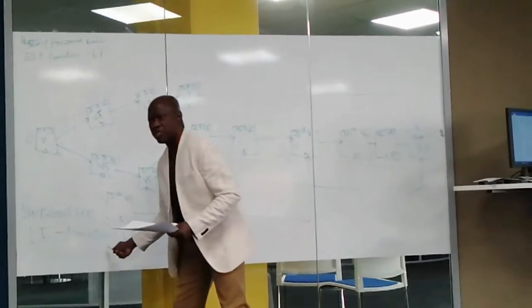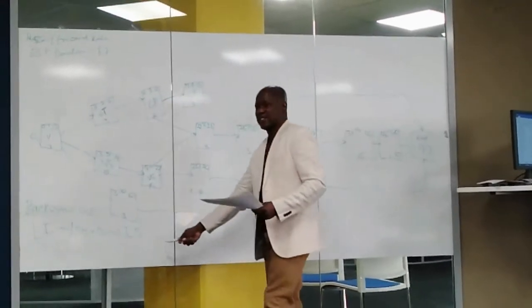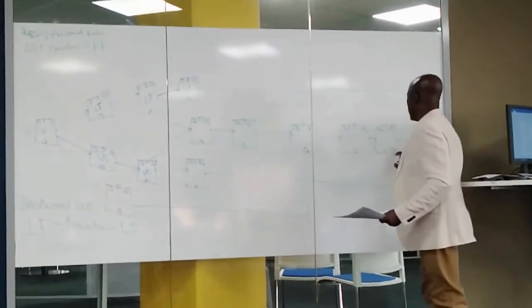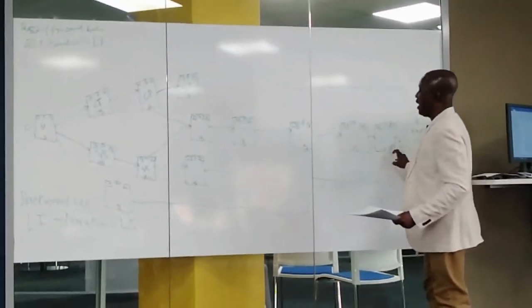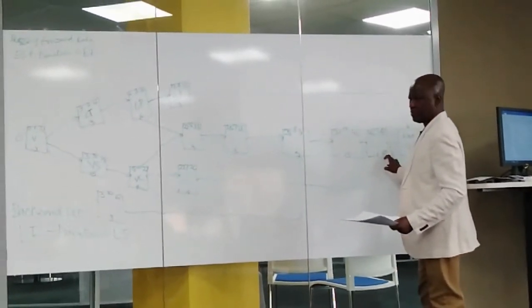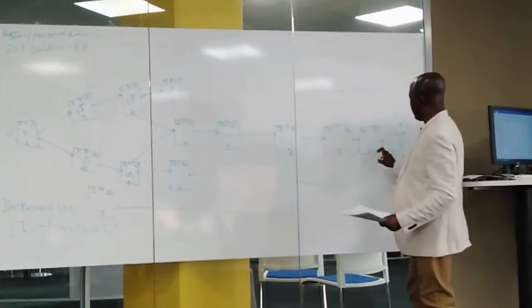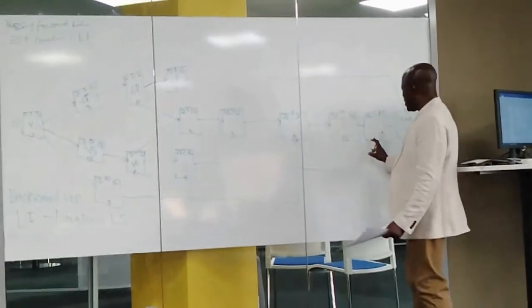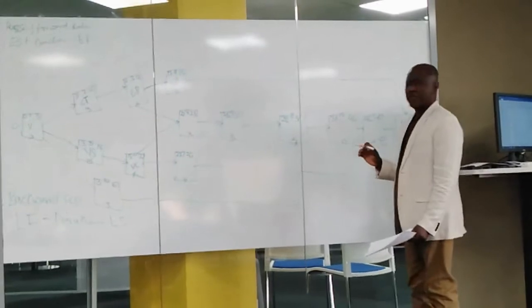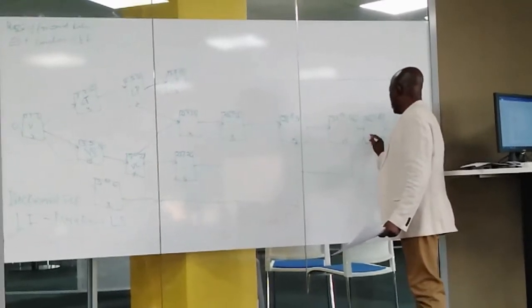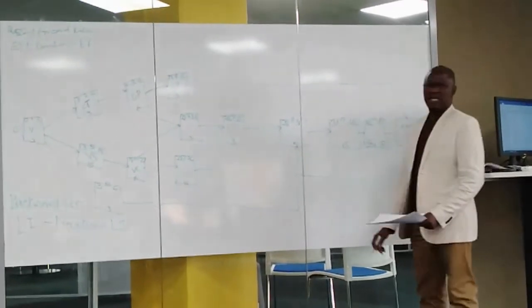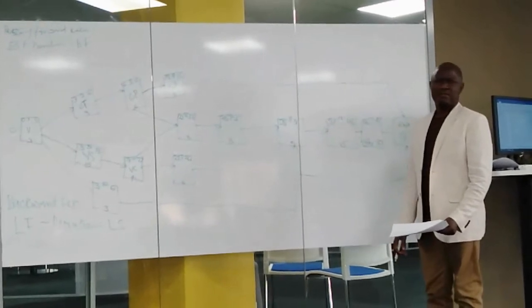LF minus duration equals LS. This is our duration here, and this is our late finish. The duration on this is 1 day. So we minus 1 from 47, we become 46. Are we making sense? Yep.